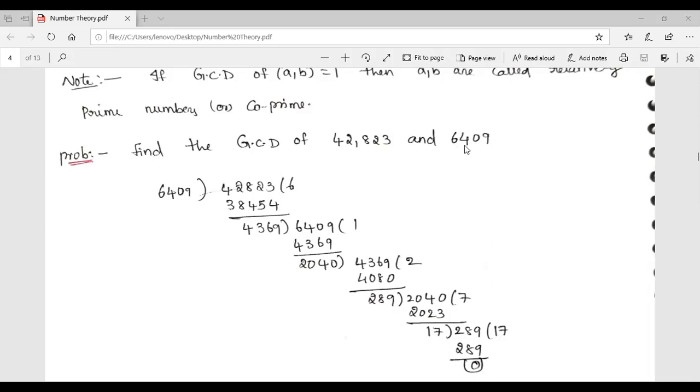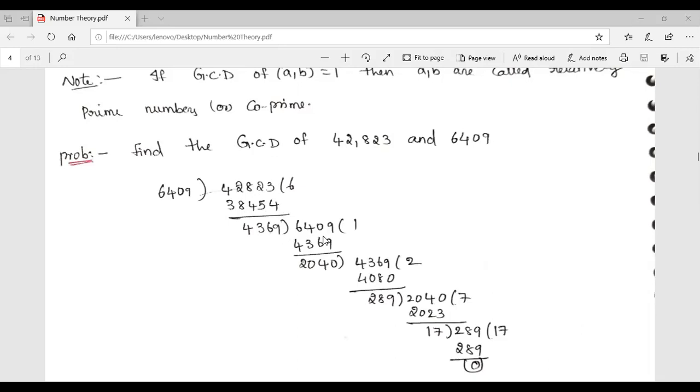So first we divide 42,823 by 6,409. 6,409 goes 6 times, which is equal to 38,454. The remainder is 4,369.